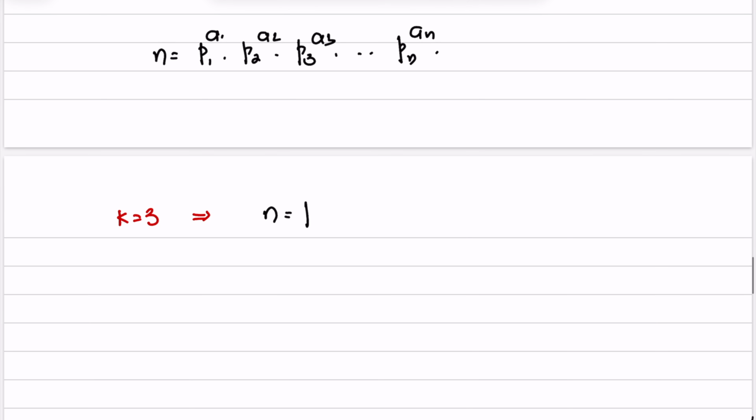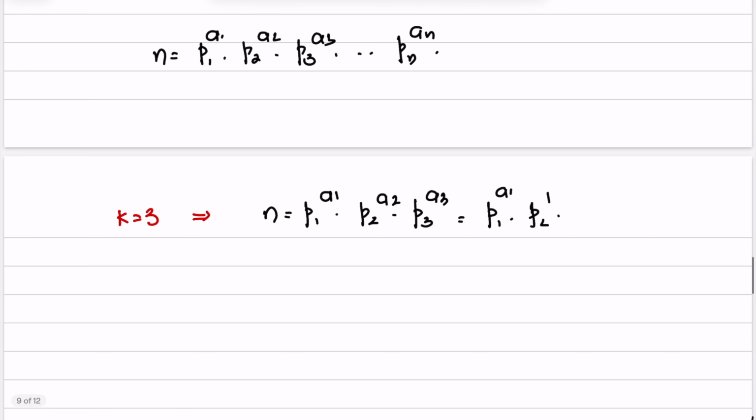Similarly, when k is equal to 3, n is equal to P1 to the power of a1 into P2 to the power of a2 into P3 to the power of a3, that will be P1 to the power of a1 into P2 to the power of 1.